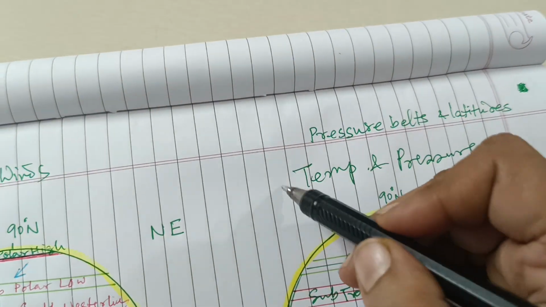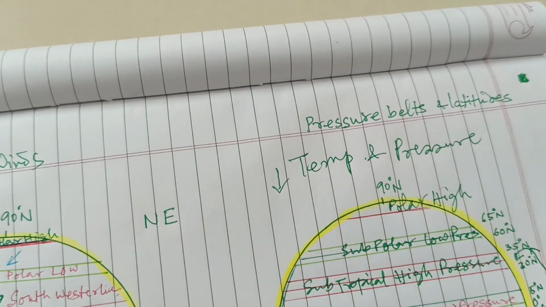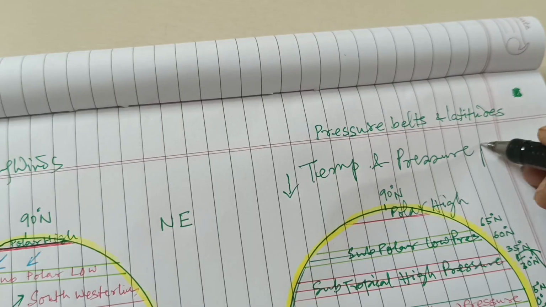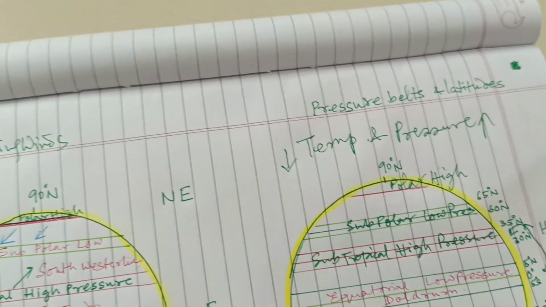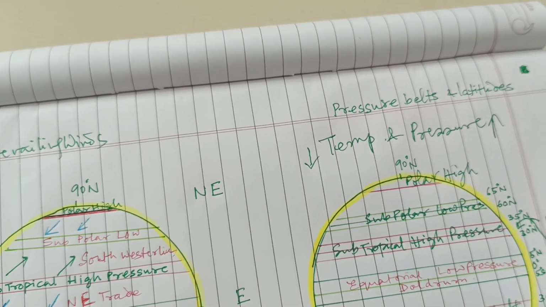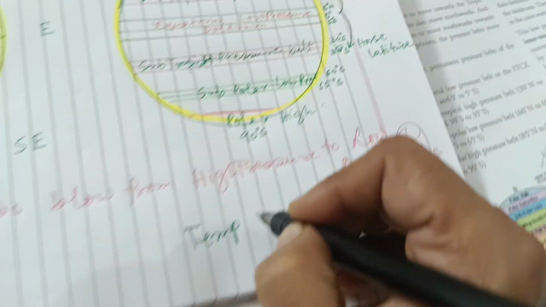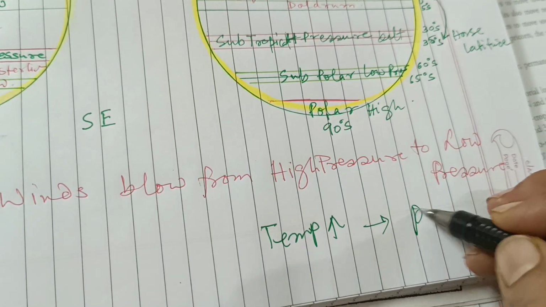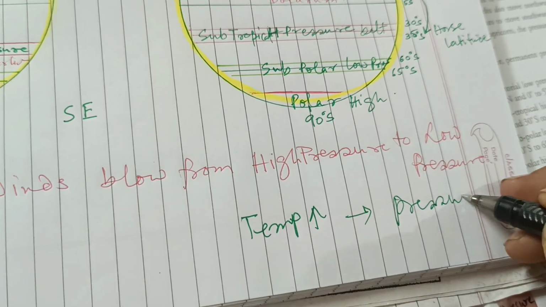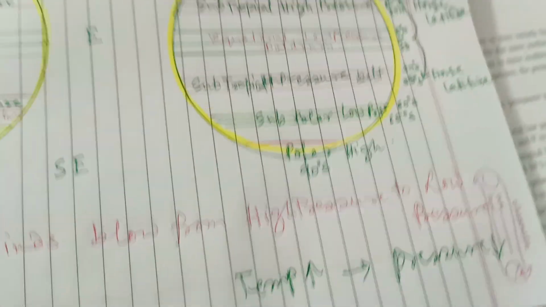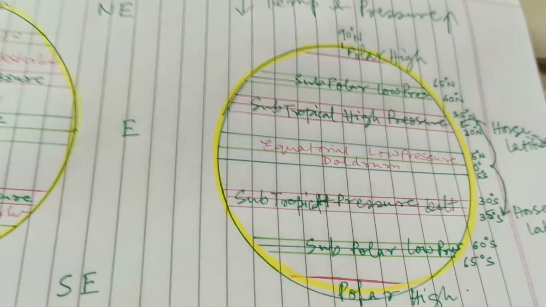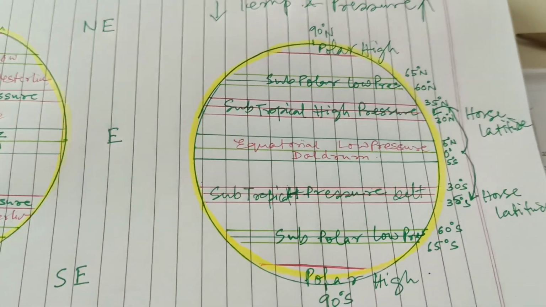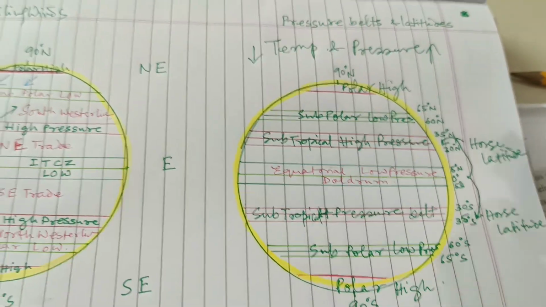If temperature is low, the pressure is high. If the temperature is high, then pressure will be low. If you remember this formula, it will help you to draw this without confusion.